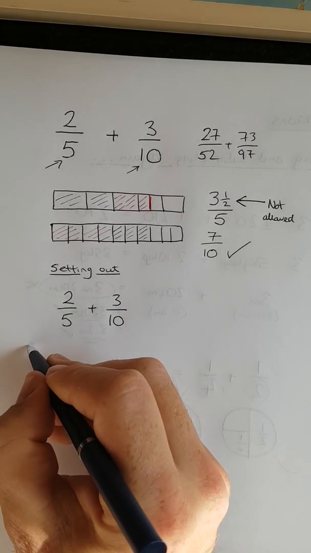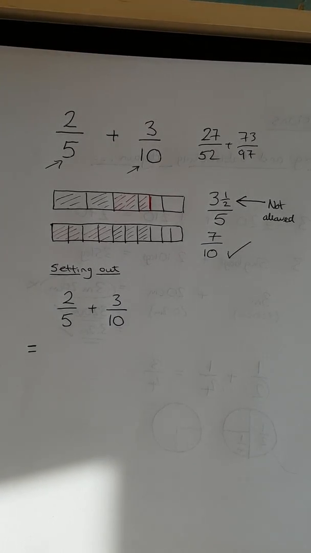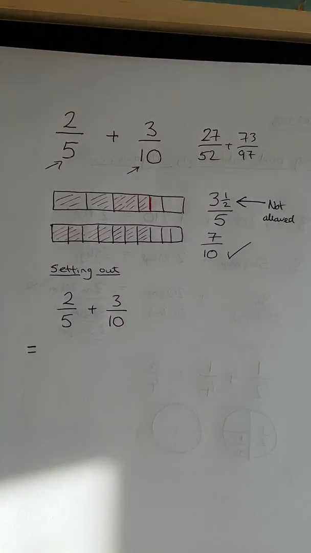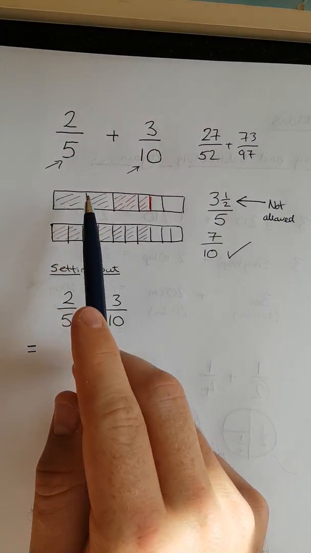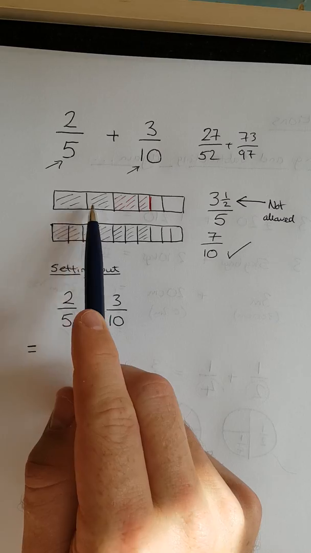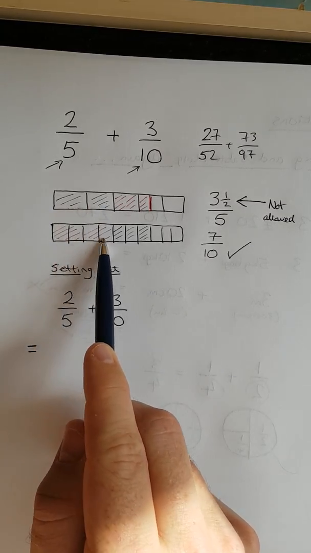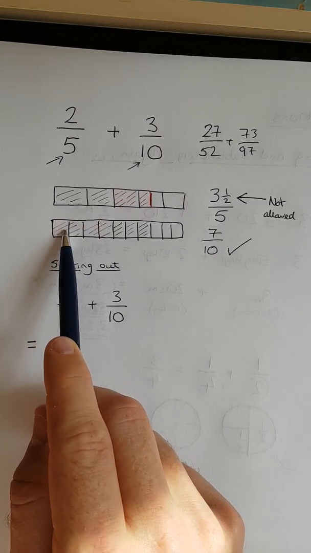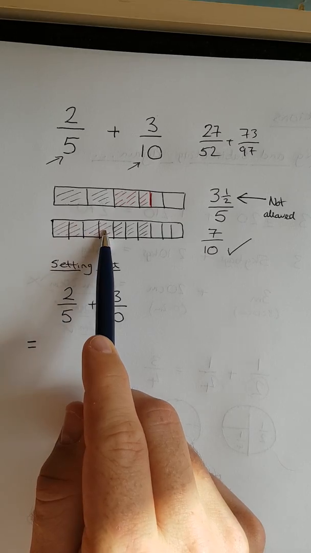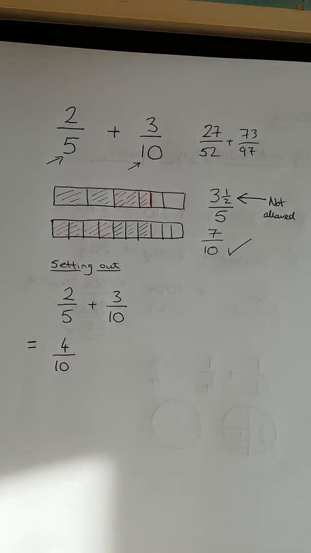Now in maths we work down the page, so my instinct is to put an equal sign here to carry on the sum. Now what I actually did here in the diagram to make counting these up possible was I took these 2/5 and I redrew them here. What did I redraw them as? I redrew them as 4/10.